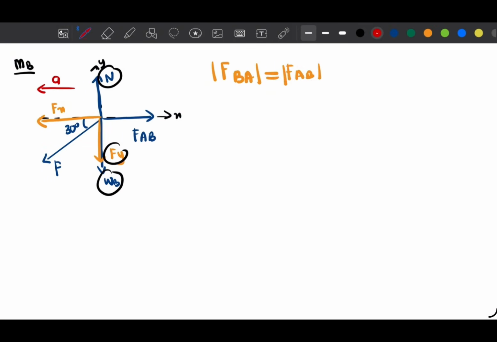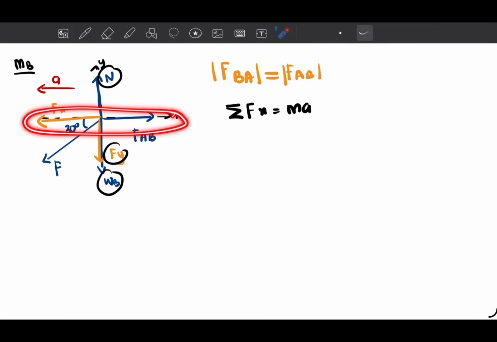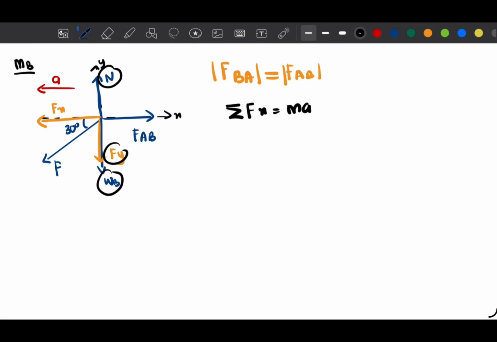We have already deduced earlier that summation Fx equals MA for body B. And I have two forces acting on my x-axis. I'm going to sum them and equate to MA. Since my acceleration is pointing in this direction, my Fx is in the same direction, so Fx becomes positive. Fb is pointing in the opposite direction, so minus FAB equals MA.